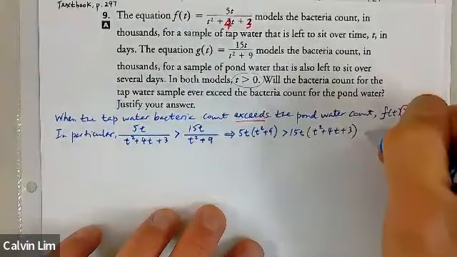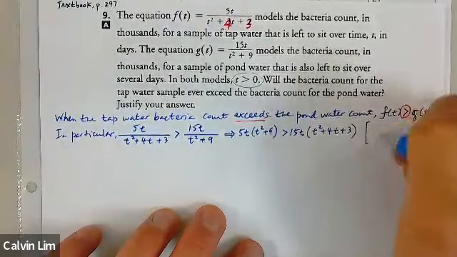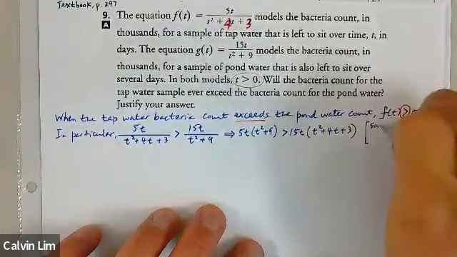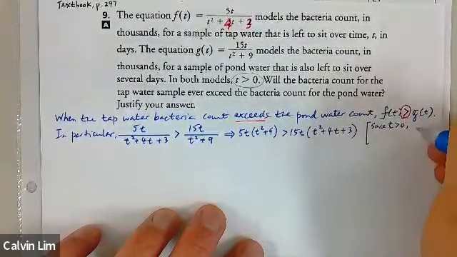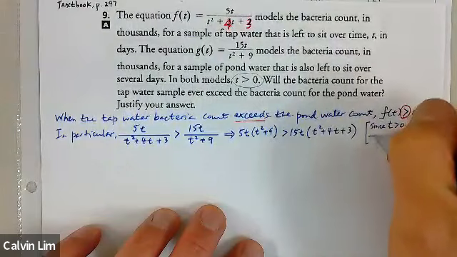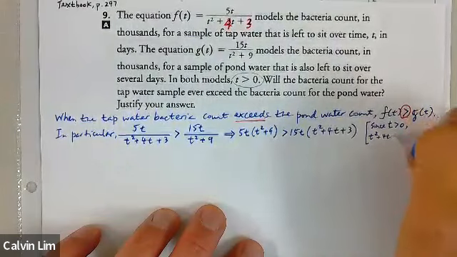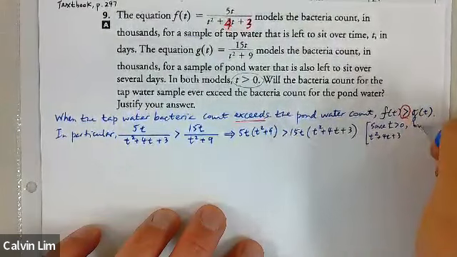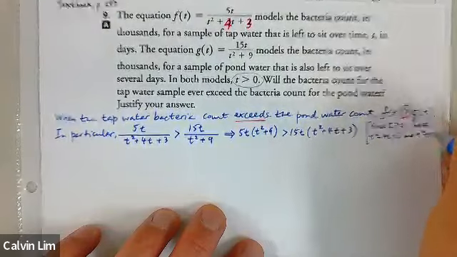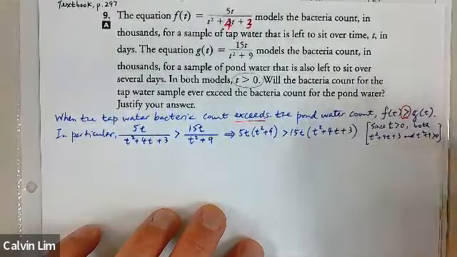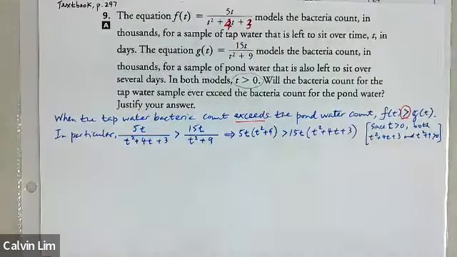So you can put a little note: since t is greater than 0, t squared plus 4t plus 3 and t squared plus 9 are greater than 0.